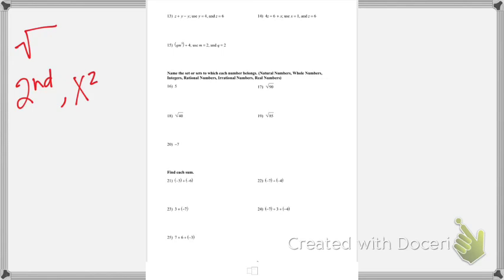If you type in the square root of 90, you get 9.486832981. Well, that looks like a pretty crazy decimal to me, so I'm going to call that irrational.